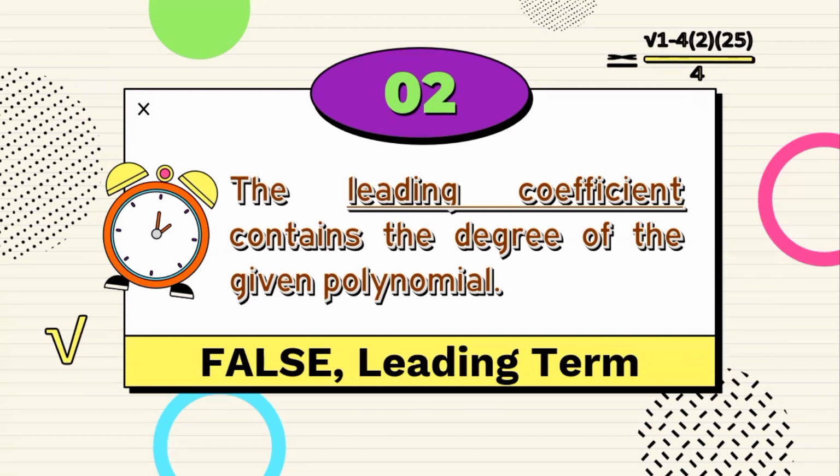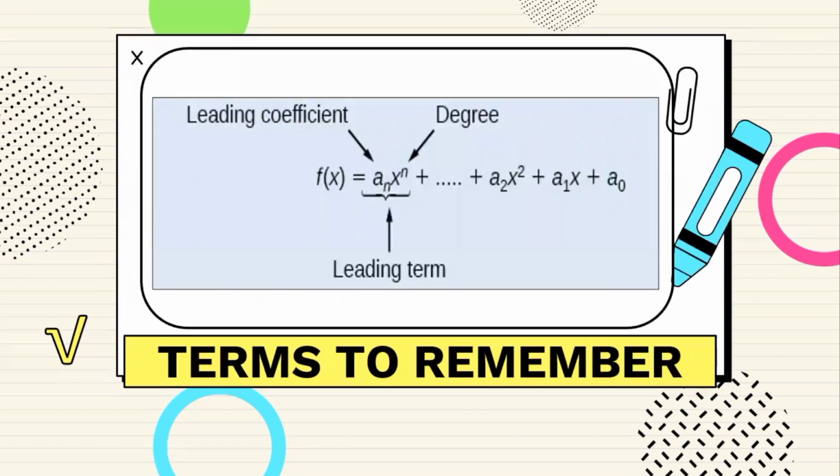Now let's discuss why it is not the leading coefficient that contains the degree of the given polynomial, and why the leading term must be the one that contains it. I'd like you to look at the given example.